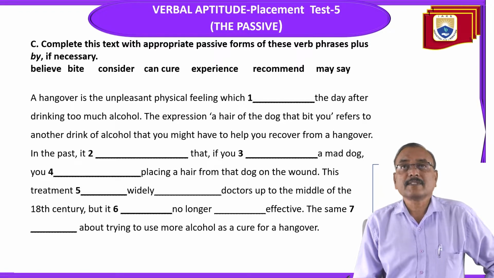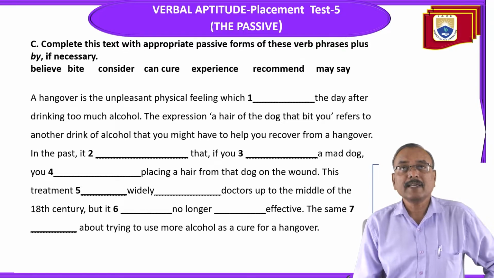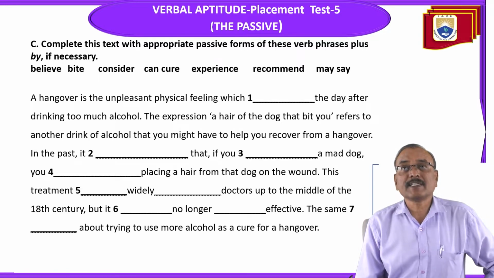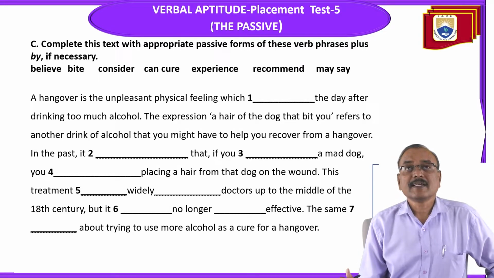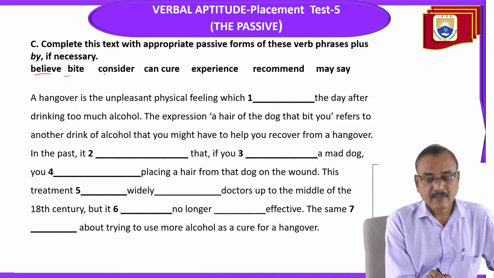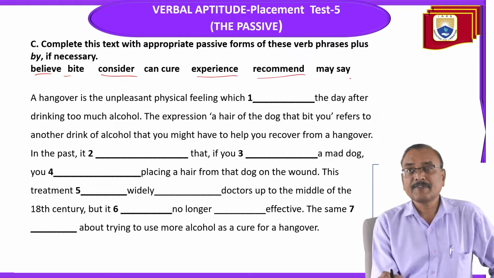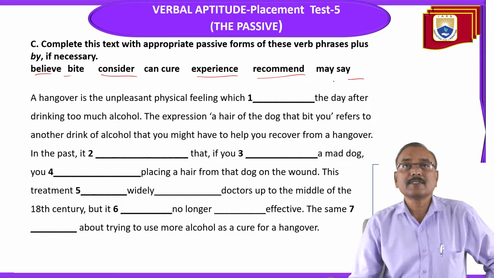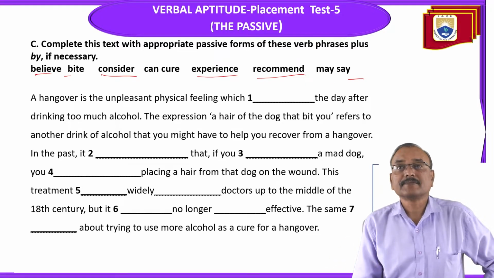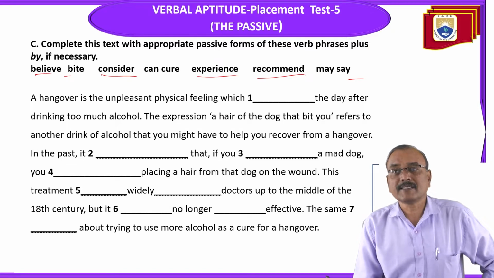Complete this text with appropriate passive forms of these verb phrases plus by if necessary. With appropriate passive forms of these verbs means if it is in passive voice you have to use them in V3 form, and also you have to use some form of be before them, plus by also if there is a need.